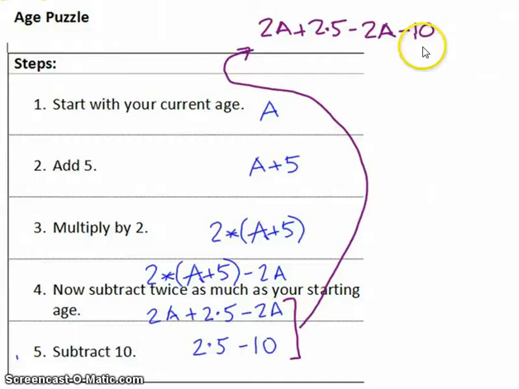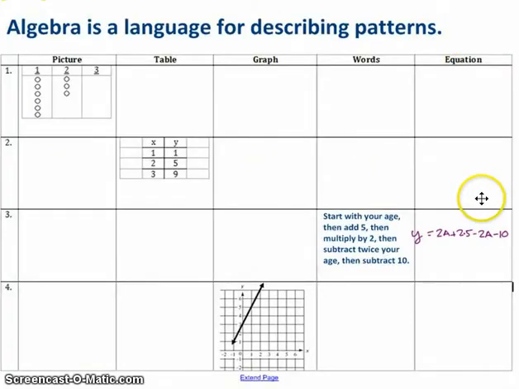Remember, it always turned out to be 0, but let's say that really what we were looking for was, what is the result? Question mark equals, in other words, 2a plus 2 times 5 minus 2a minus 10. Or, instead of question mark equals, we'll call it y equals. So now our equation for the age puzzle is this here, and we can paste that right into this table, into this grid that I have.